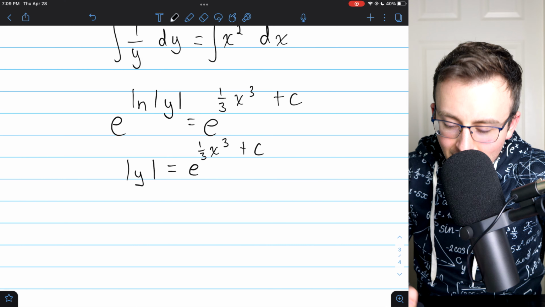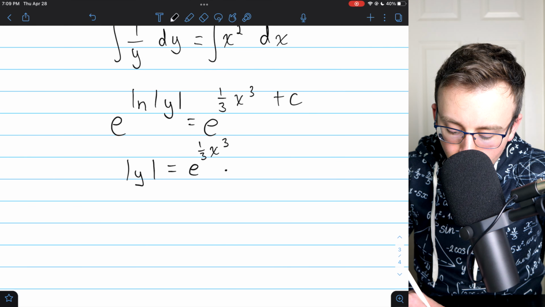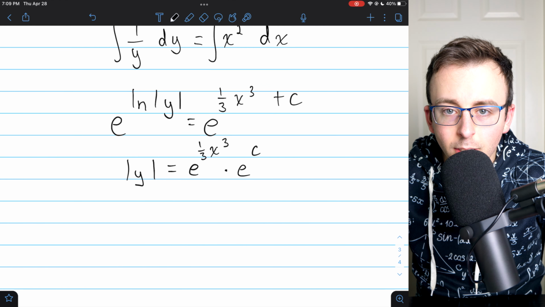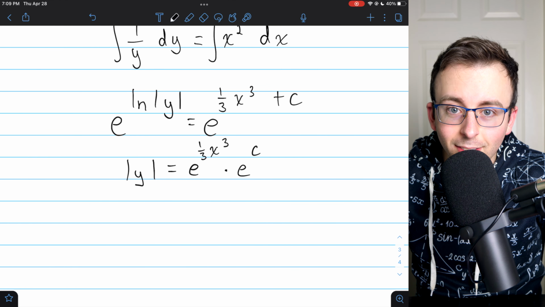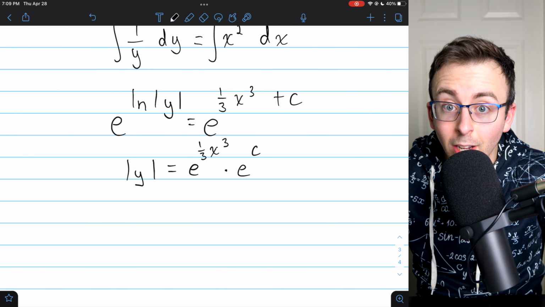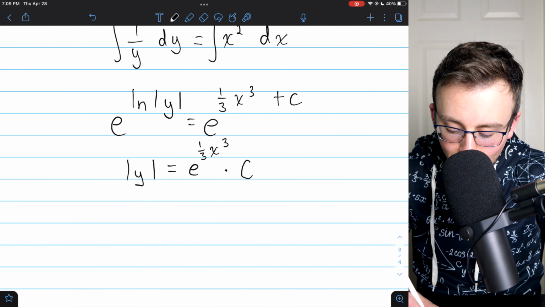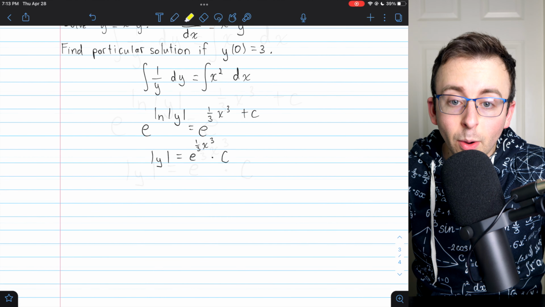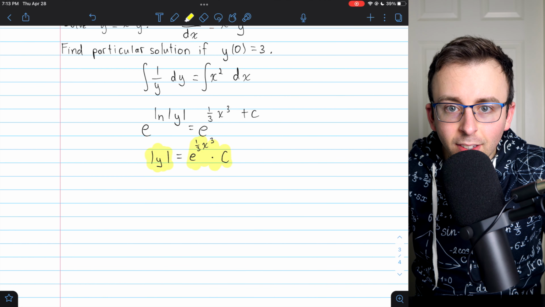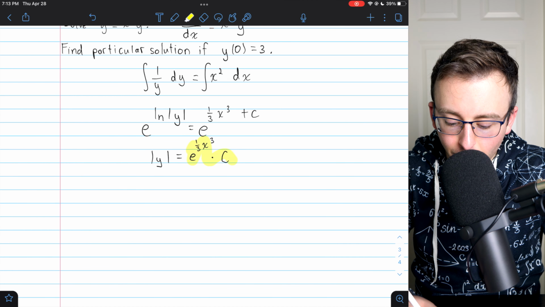Now, the plus c in the exponent, we could rewrite that if we wanted to, bring it down by exponent rules as a multiplication times e to the power of a constant. But e to the power of a constant is just a constant, so we could just write this as multiplied by some constant c. Now, in order for the absolute value of y to equal this, y has to be this or negative this.